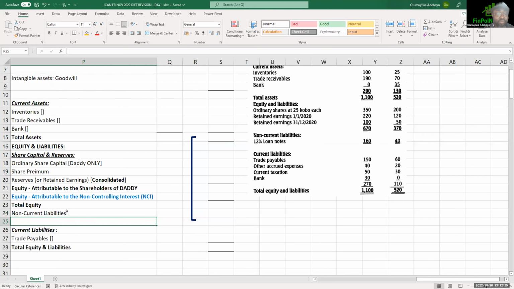What happened after? We'll see it. Retained earnings, we said we'll pick it from consolidated. I can just go down here. I just put that one here. NCI, I'll take it down here. Okay, loan notes, what I have is 160.40.